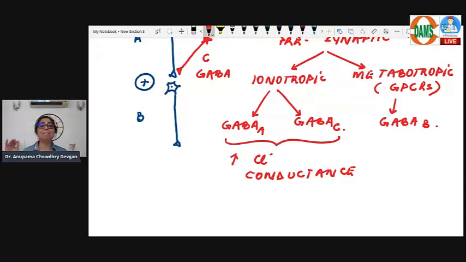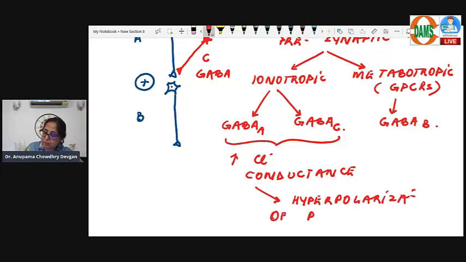The potential of the cell will become more negative. What is a more negative potential known as? Hyperpolarization, right? So increase in chloride conductance will lead to a hyperpolarization of the presynaptic membrane.